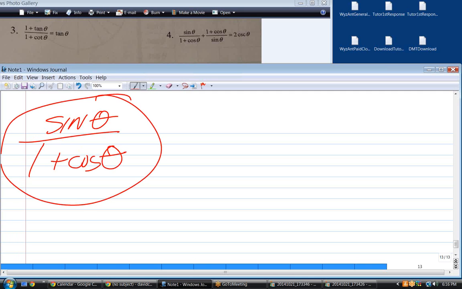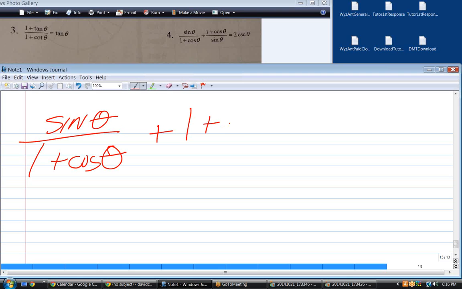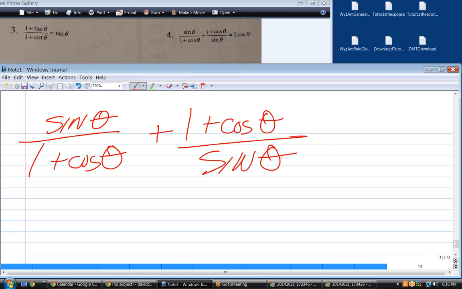Immediately when I see that, I think multiply by conjugate, but maybe not. Again, I would do the same thing on this part, multiply by conjugate. However, the left side is clearly the more complicated. But the right side, what can I turn that into immediately? Sine and cosine.